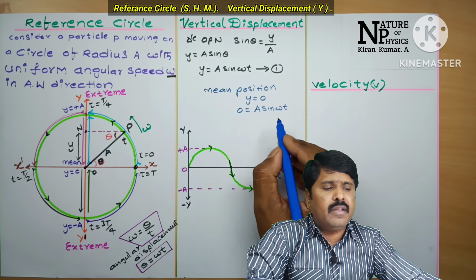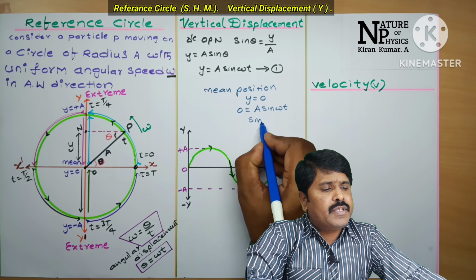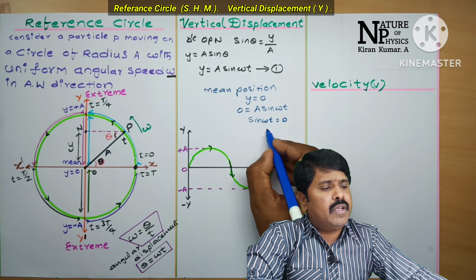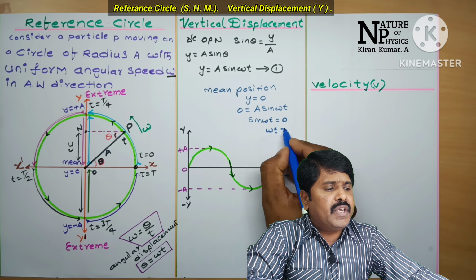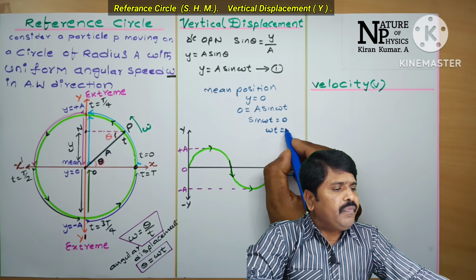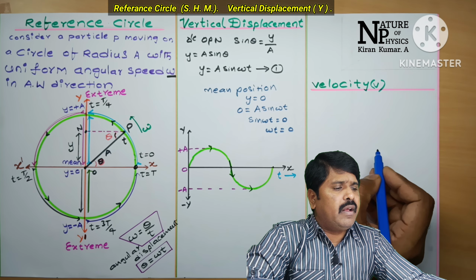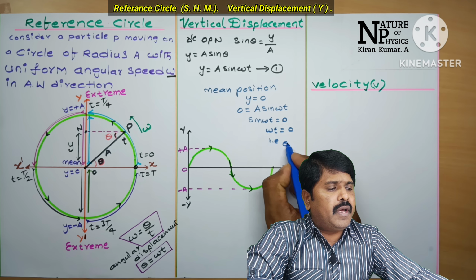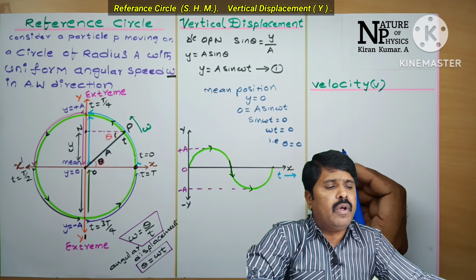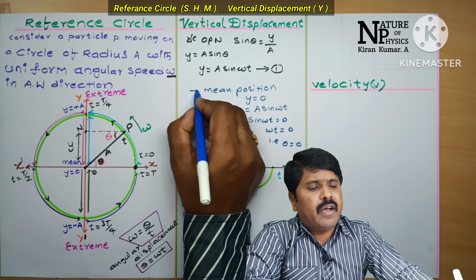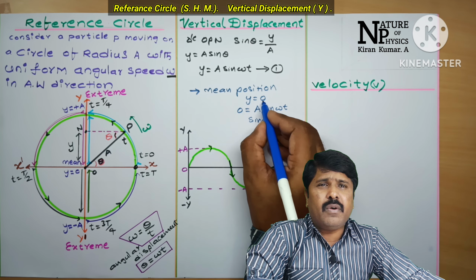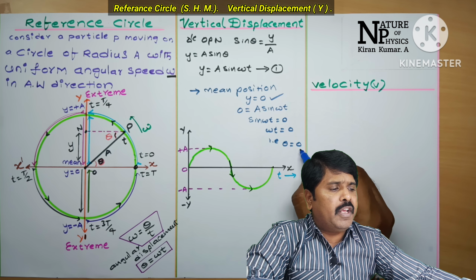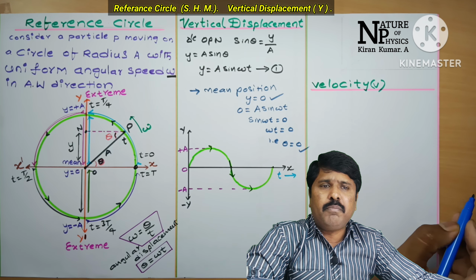Since 0 into anything is 0, I get sin omega t equal to 0, that is, omega t is equal to 0. See, sin 0 is equal to 0, so I can write theta equal to 0. So for the mean position I got y equal to 0 and the angular displacement also 0, given a tick mark clearly for the mean position.